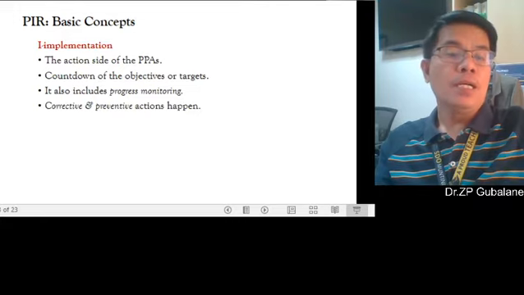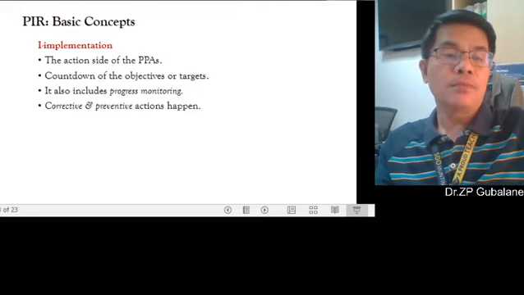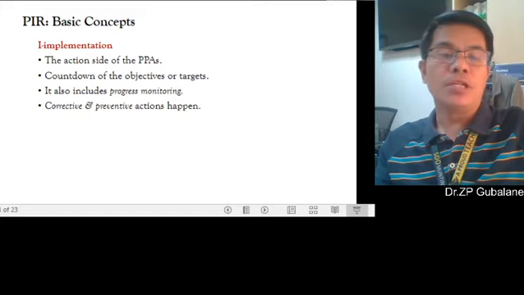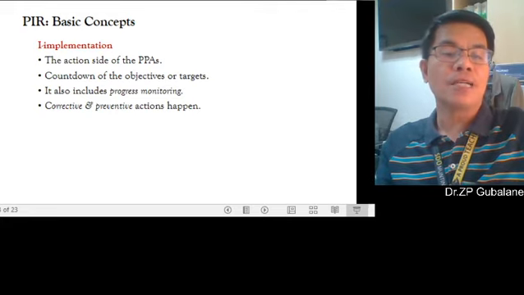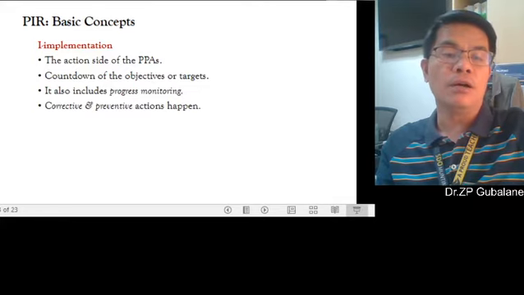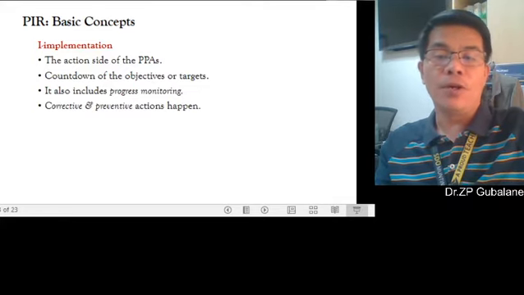Now, as to I, it is implementation. So I is implementation. As to implementation, it talks about the action side of the plan, program, and activity. And it is also considered as the countdown of our objectives or targets.